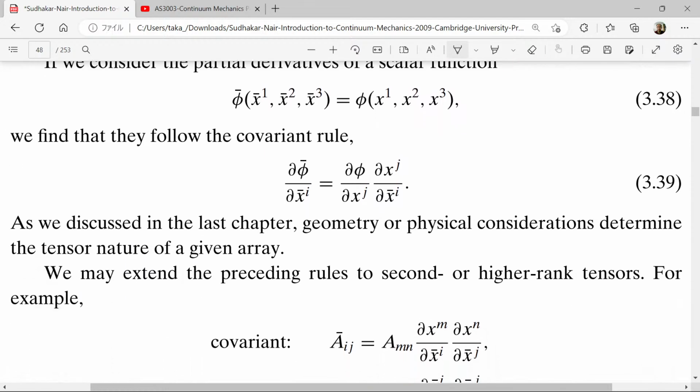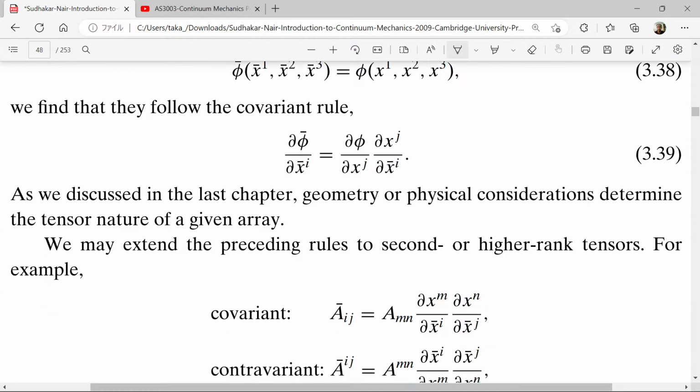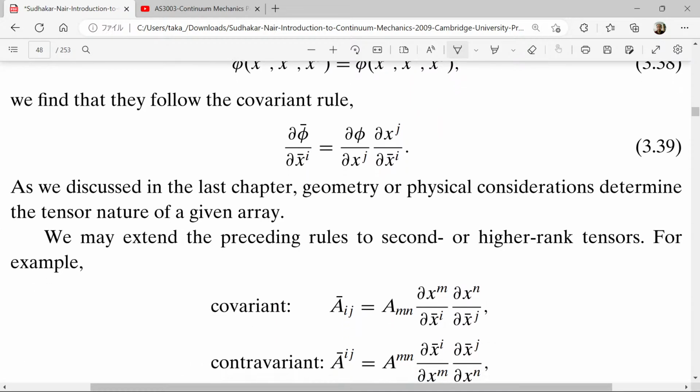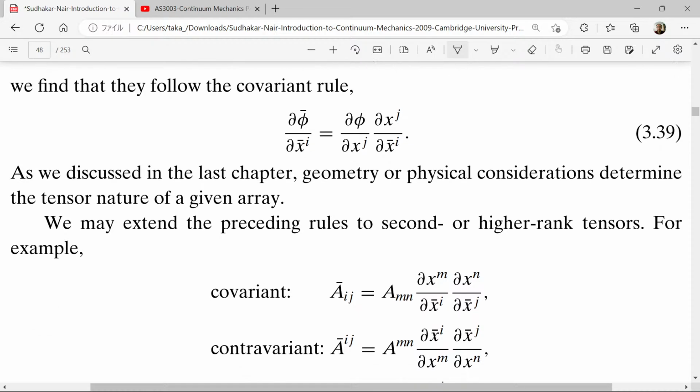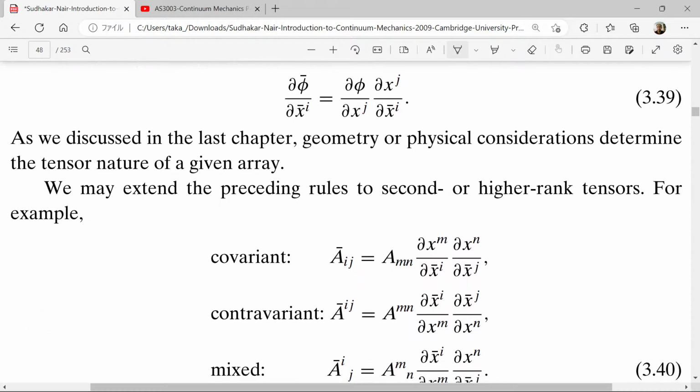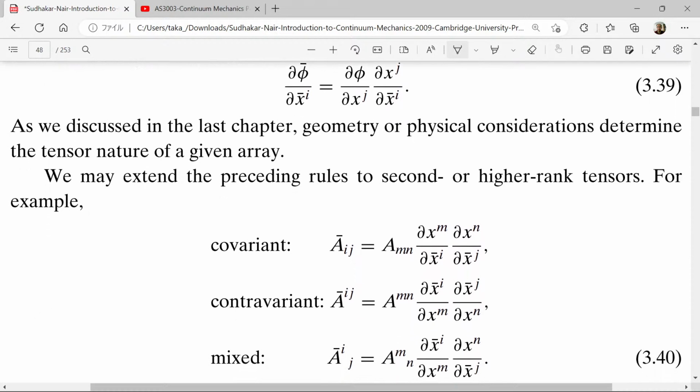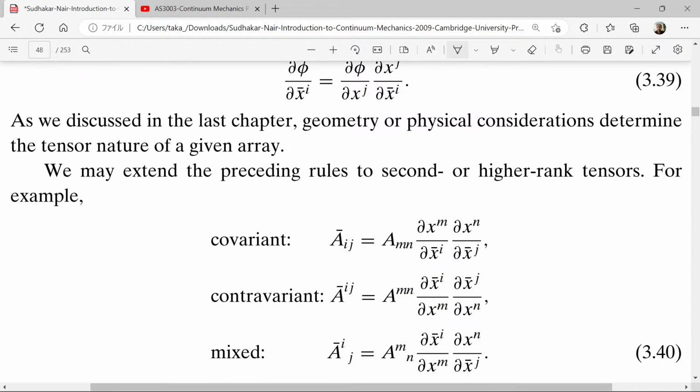As we discussed in the last chapter, geometry or physical considerations determine the tensor nature of a given array. We may extend the preceding rules to second or higher rank tensors.